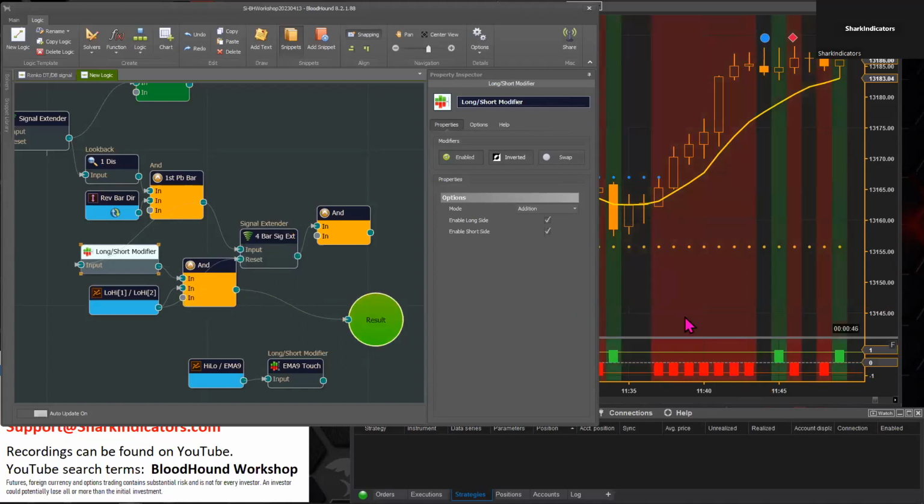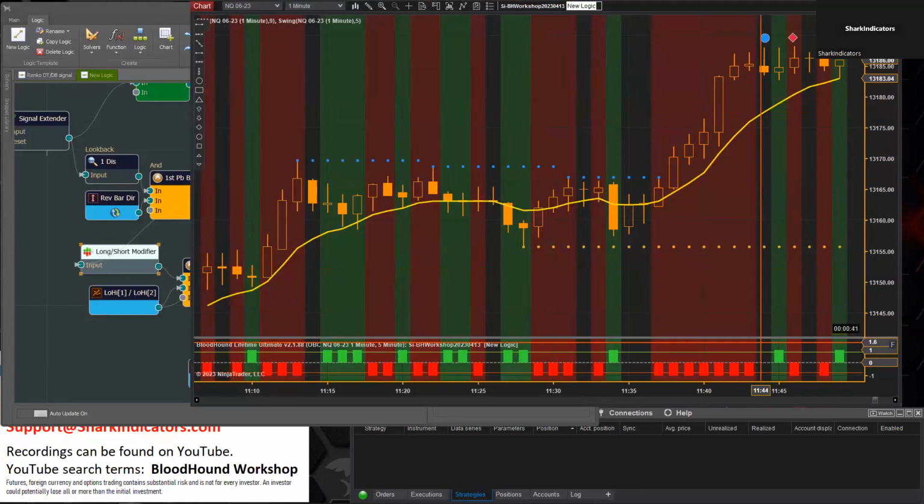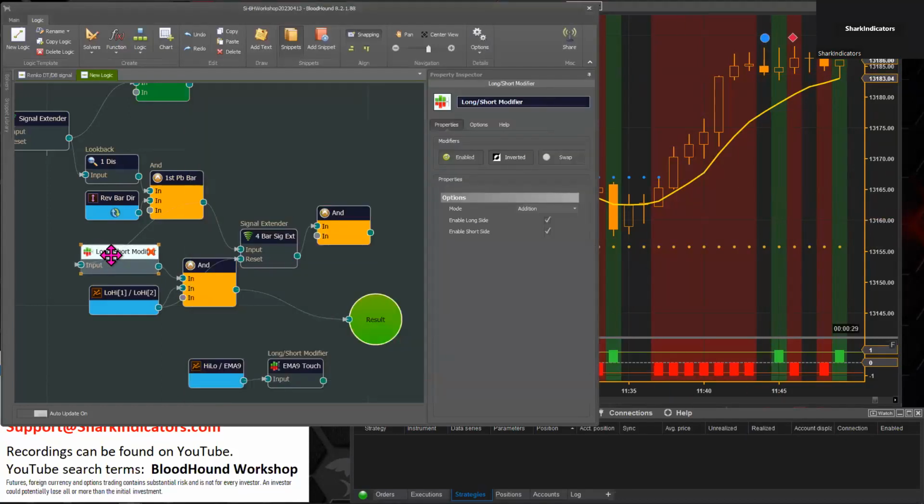So if I look at this AND node, right, we can never get any kind of a reset signal on the first pullback bar, right? So yeah, this is kind of a reverse permissive from the first pullback bar.